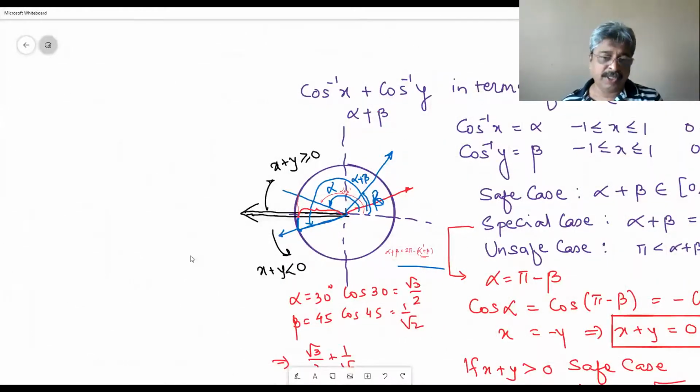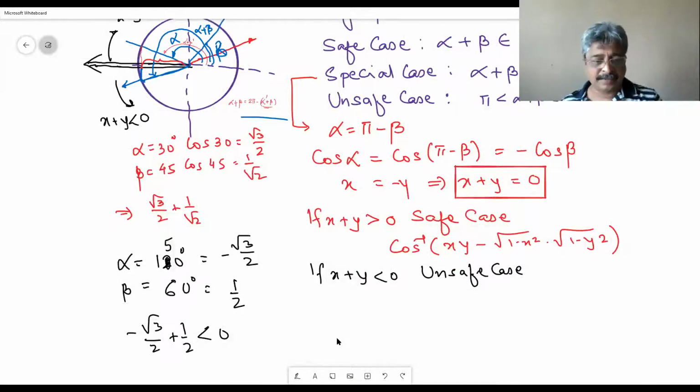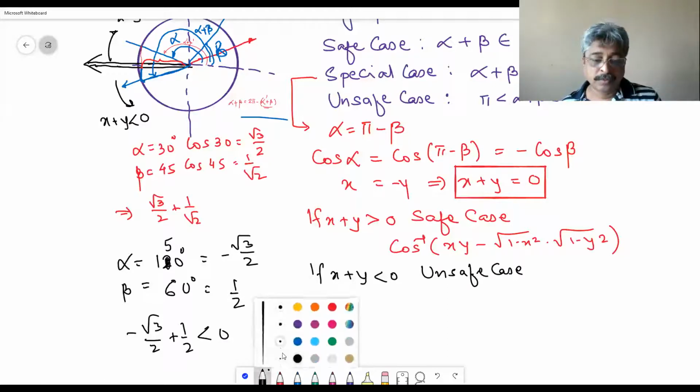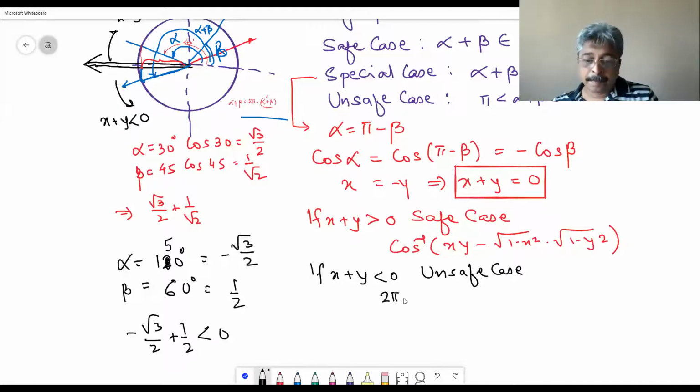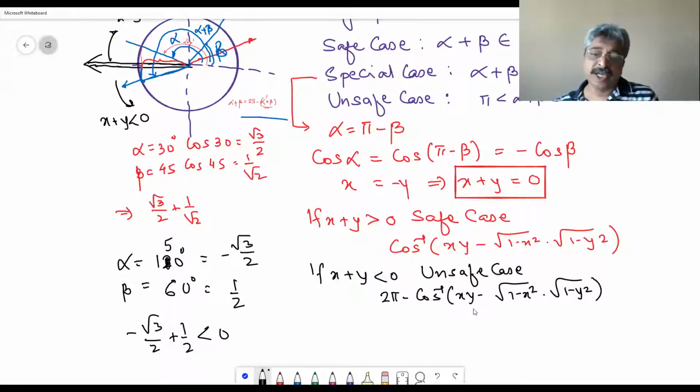Third answer is going to be 2 pi minus cos inverse of xy minus radical 1 minus x square into radical 1 minus y square. So these are the three answers.